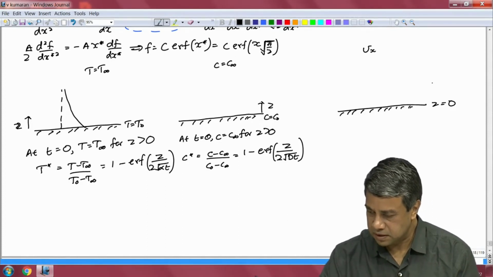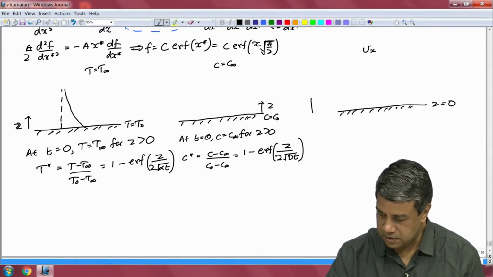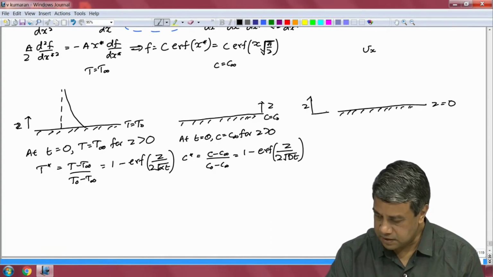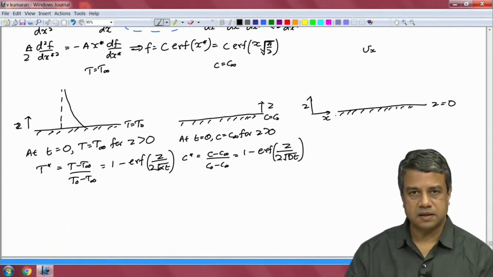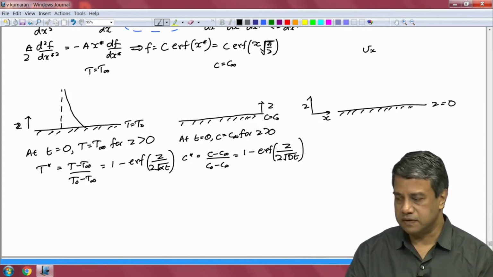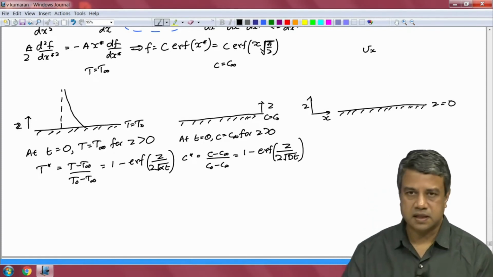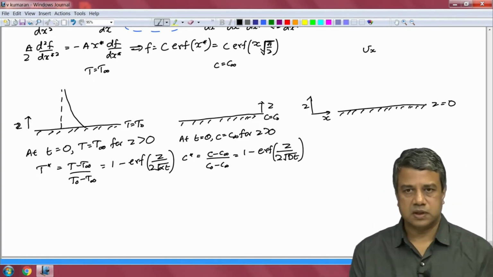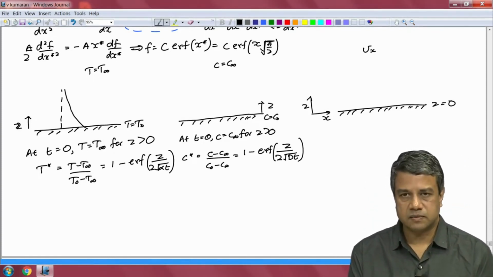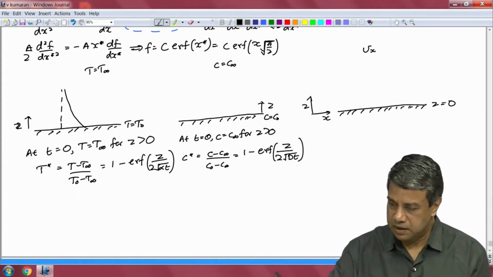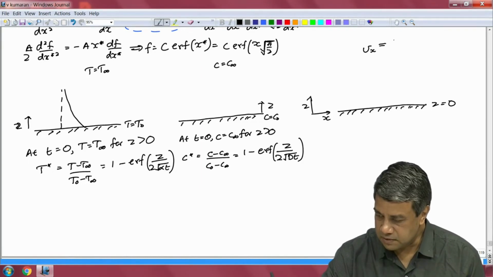So, I will take a coordinate system here. Z is the distance from the surface, x is the distance along the surface. Vx is the direction of flow, the transfer of x momentum. So, z is the direction of momentum diffusion, and x is the direction of the momentum. So, I will have Vx is equal to 0 far away.